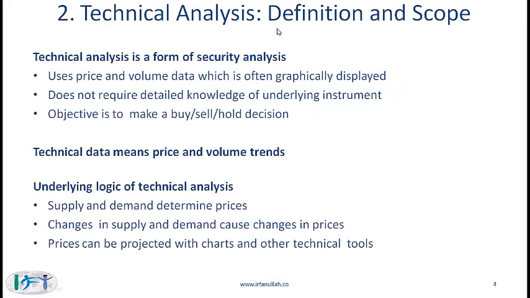First, let's go over a basic definition and the scope of technical analysis. Technical analysis is a form of security analysis. Technical analysis uses price and volume data, which is often graphically displayed.